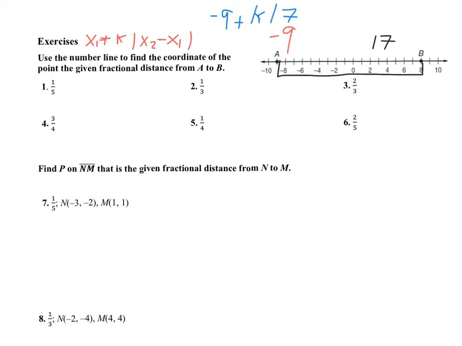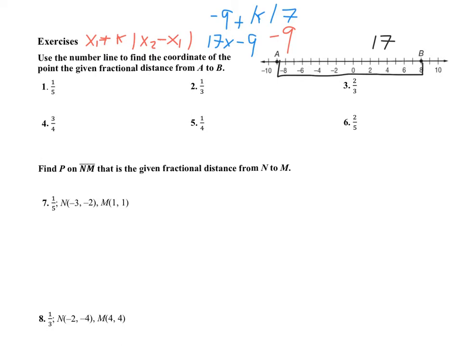Let's make that neater and replace that k with an x value. Now we have 17x minus 9. Where our x value is whatever these fractional points become, we can save ourselves a bit of writing.